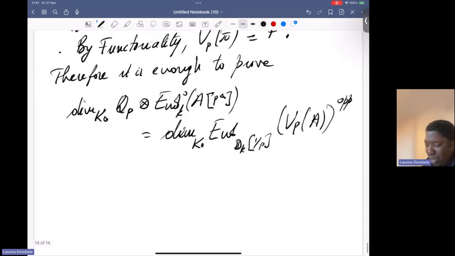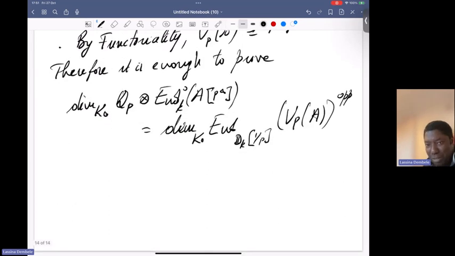The reason why we take the opposite is simply because the Dieudonné functor is contravariant. But if we can prove that these two members have the same dimension, then we are done.